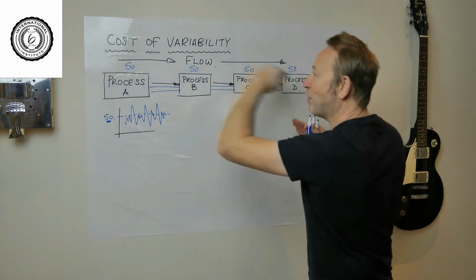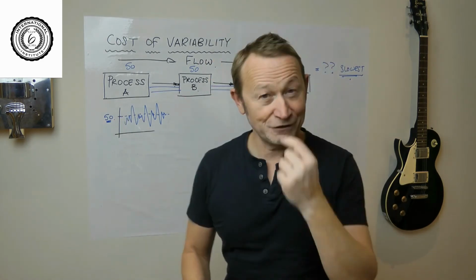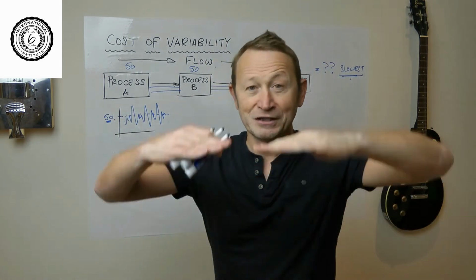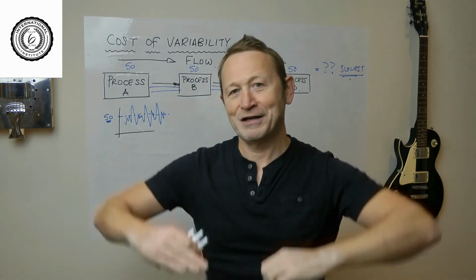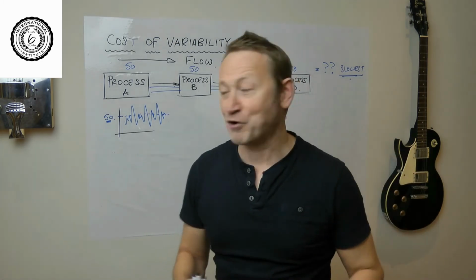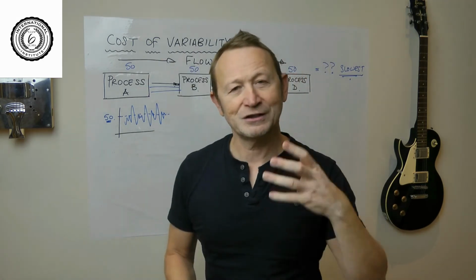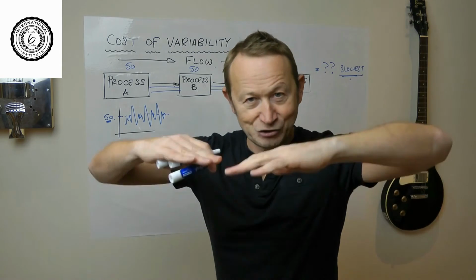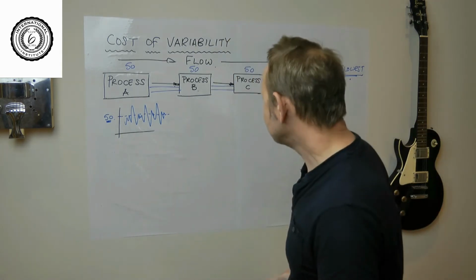So you won't hit 50 on the average for the system, even though you're hitting 50 on the average for each machine. The system will go at the slowest speed for that hour, and you'll just drag the efficiency right down. So for no other reason, that's the first cost of variability. It just sucks capacity out of your system.